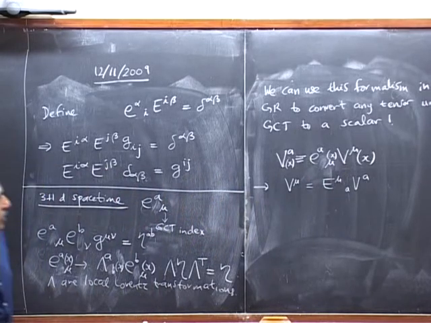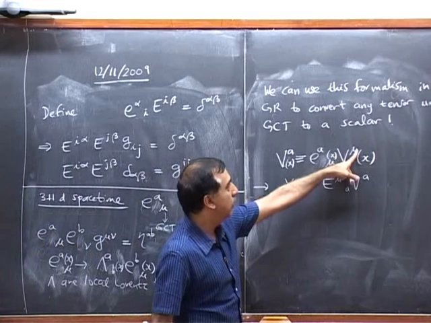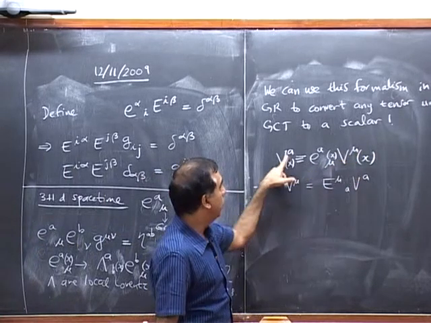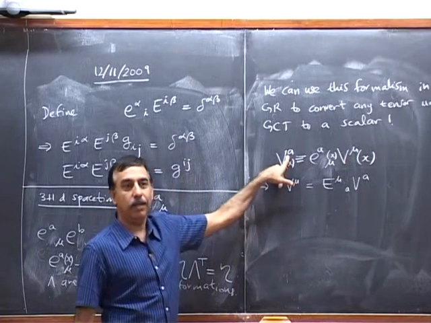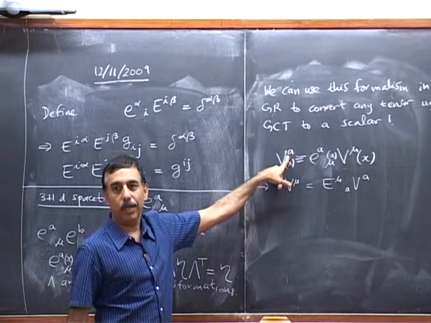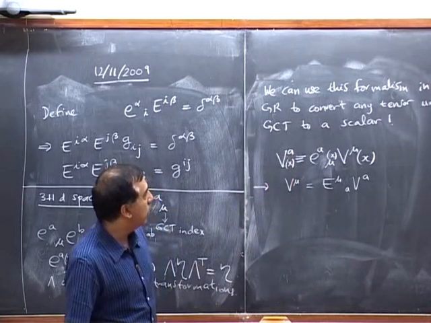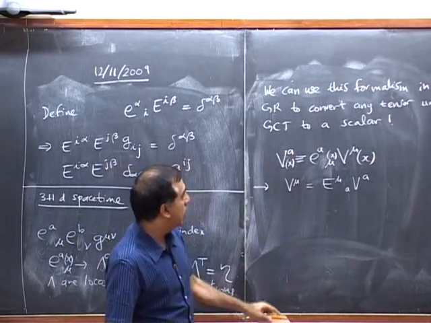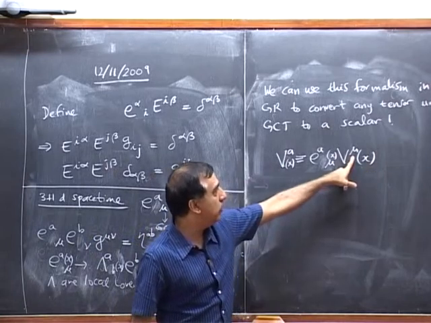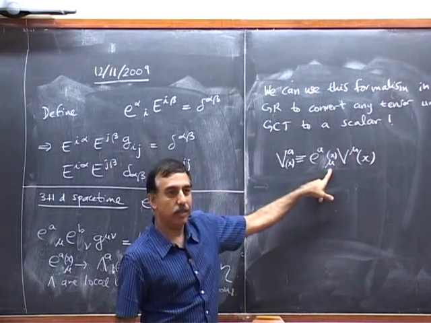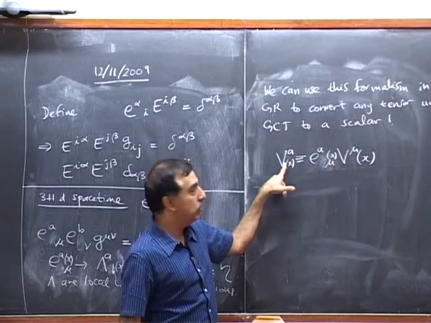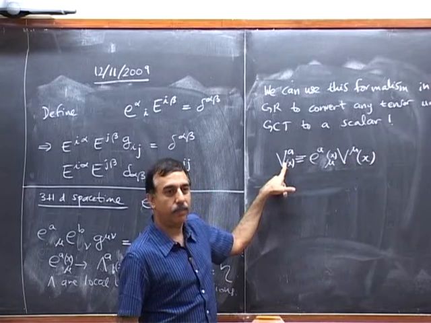So V mu is a general coordinate vector and it knows nothing about local Lorentz transformations. V^A is a general coordinate scalar, but it's a local Lorentz vector. Okay. What is going on? What's going on is, it's best to say in words, if I make a general coordinate transformation, this transforms, but this also transforms. The transformation cancels out because the mu indices are contracted. So this is invariant.